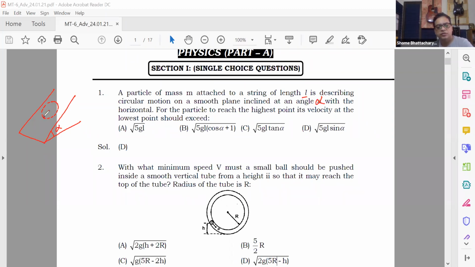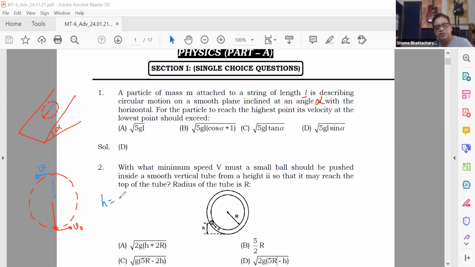So if you give it a speed v naught at that bottom point, then you assume that by the time it reaches the highest point, its speed should become v. So now you can see from the bottom point to the highest point, what is the height difference?